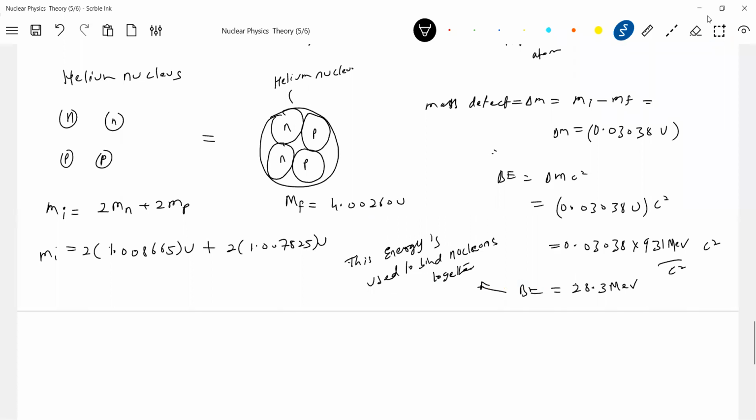So this is how they are bound, by this particular energy. That is one mathematical way of calculation. This binding energy depends on which parameters, we'll see later, like that in every nucleus.